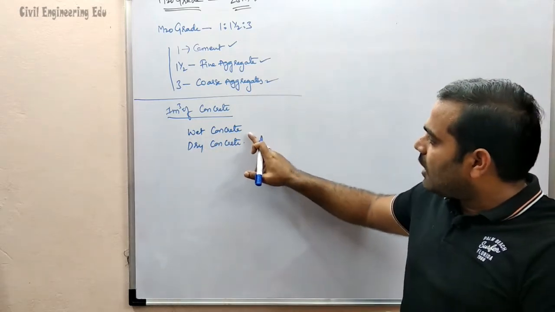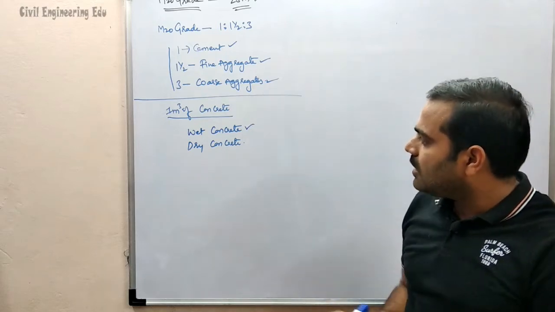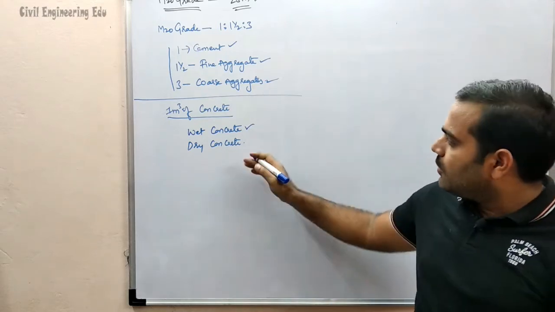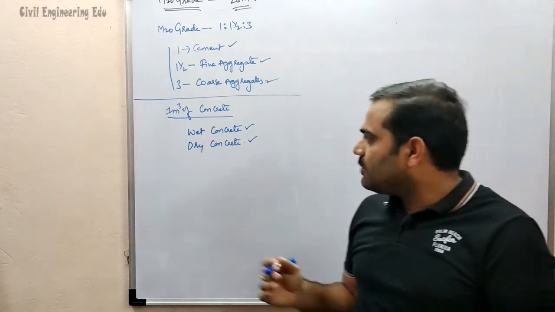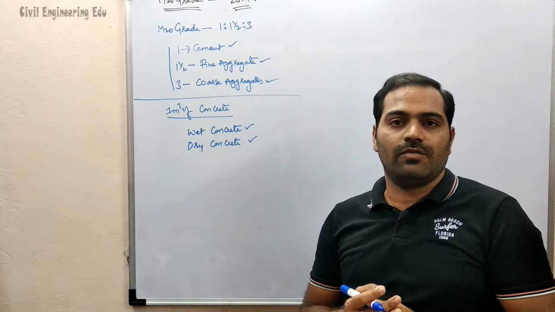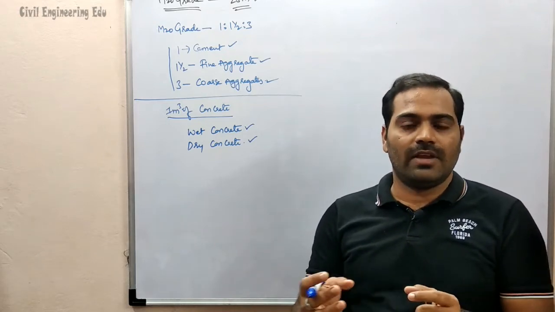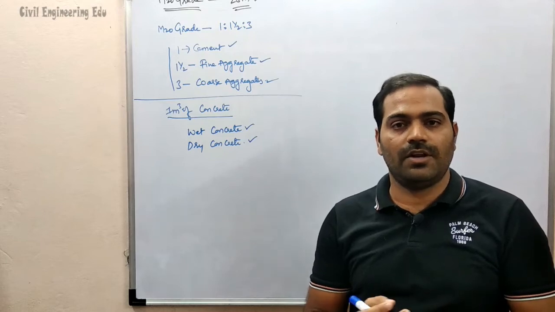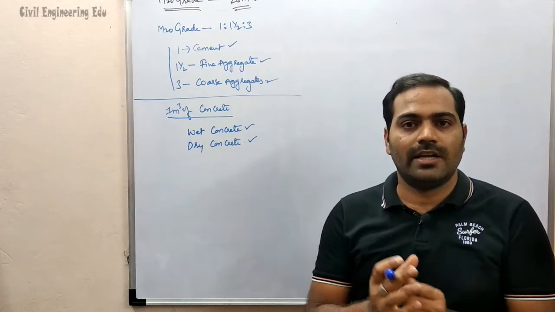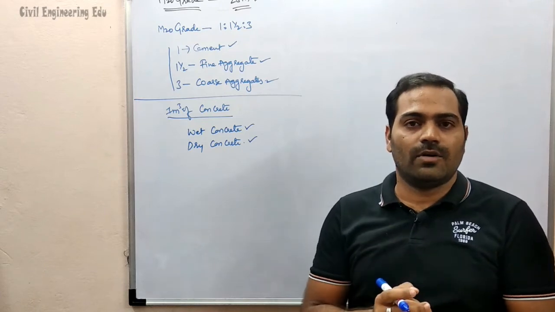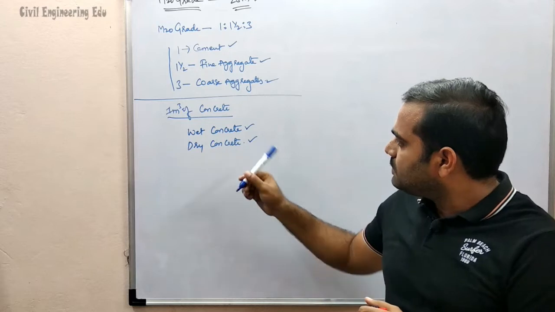So after casting, the concrete will be wet. Before casting, the concrete will be dry. For example, if we take any kind of flour, it may be rice flour or wheat flour, whenever we add water to that flour, what will happen? After adding the water, the volume will be decreasing. Before adding the water, the volume will be more. Here also the same concept.